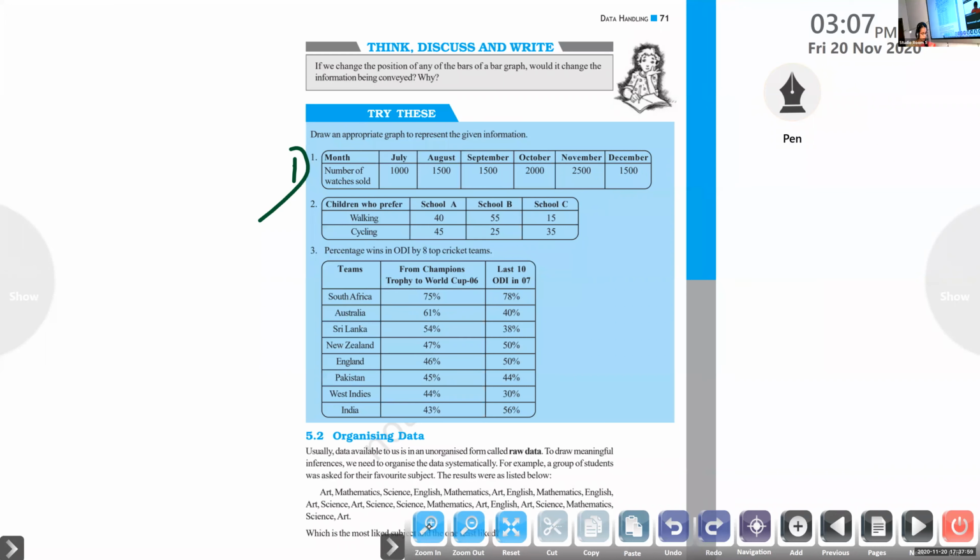First of all, take your graph book. Draw x-axis and y-axis. X, y. X-axis and y-axis.